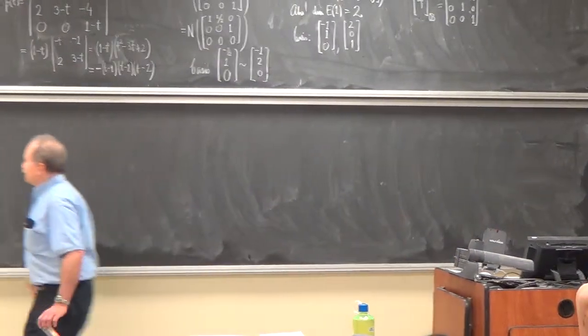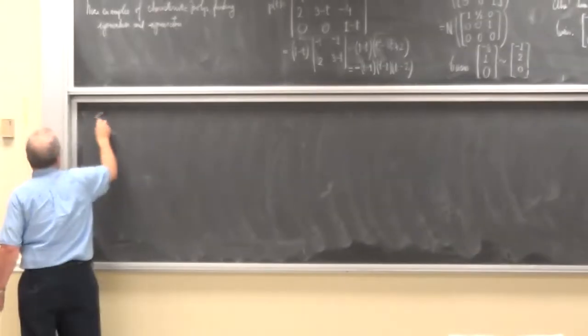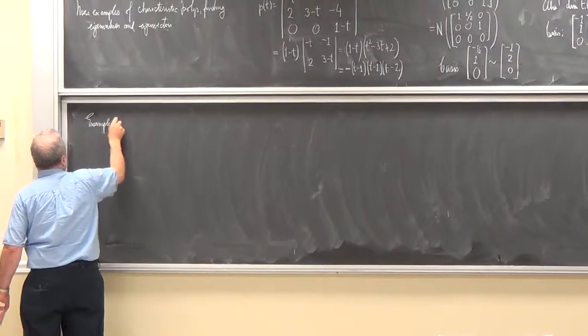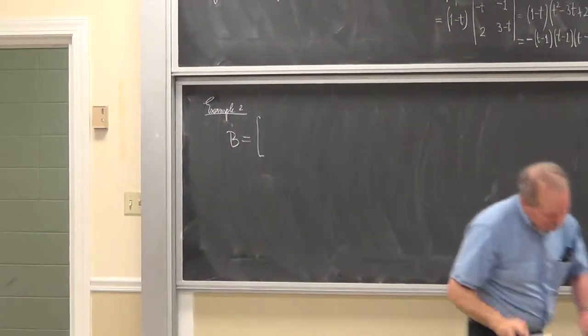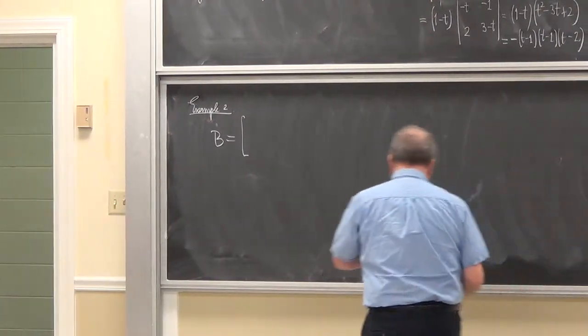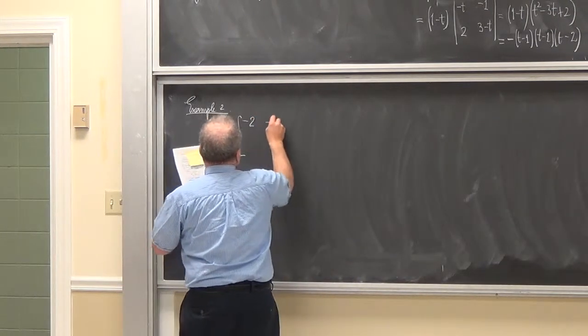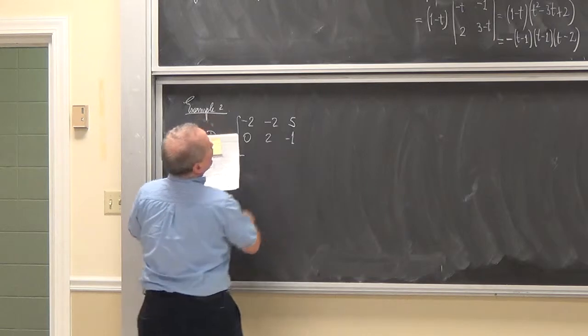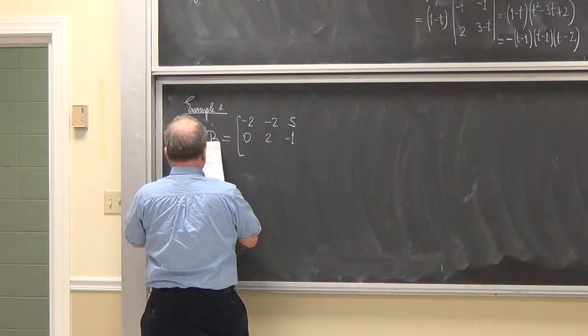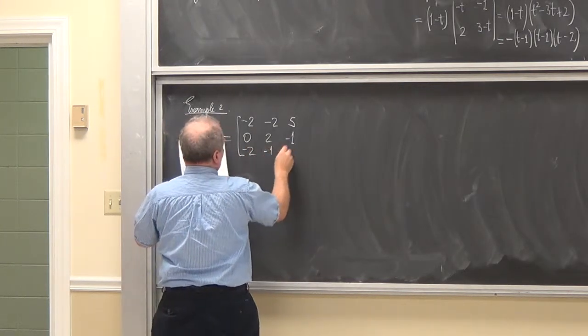2. B is not such a pretty matrix. -2, -2, 5, 0, 2, -1, -2, -1, 4.